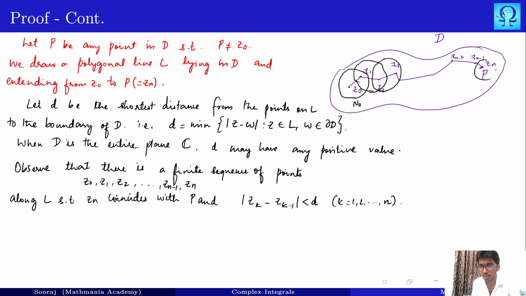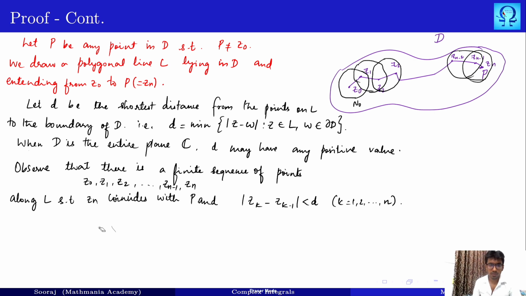So in this way you will have to take neighborhoods. Hope you get the ideology. The diagram may not be clear to you, but still the ideology is clear, I hope.